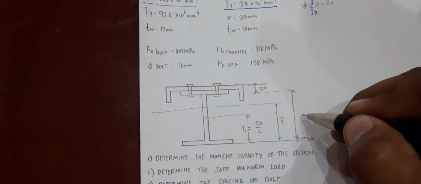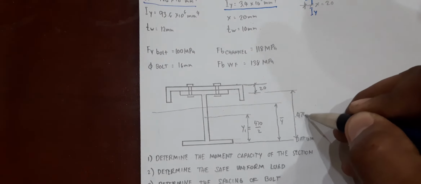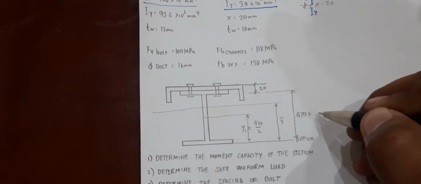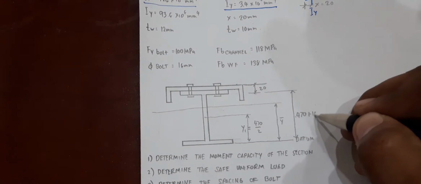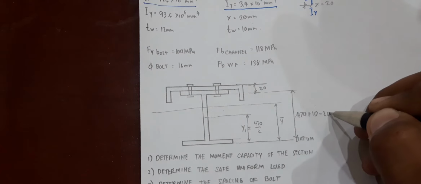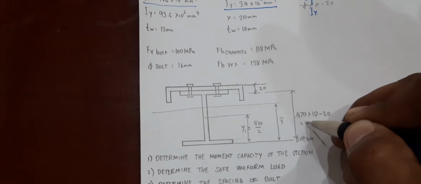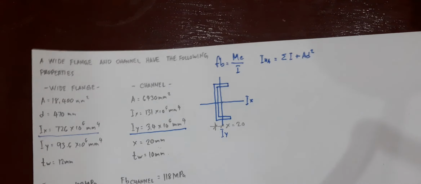Let's repeat. That is 470 plus thickness of web, which is 10, and then less 20. That would give you 460.